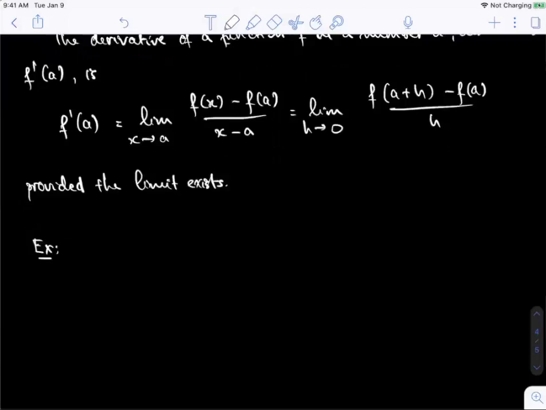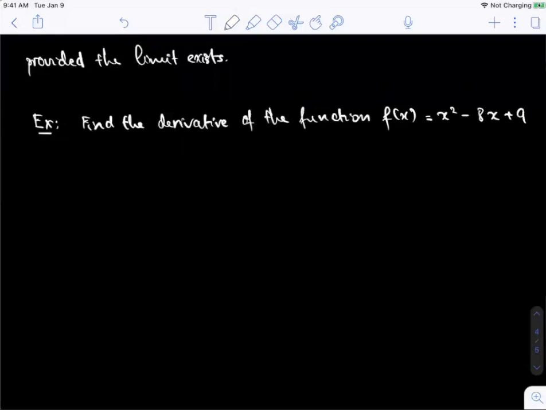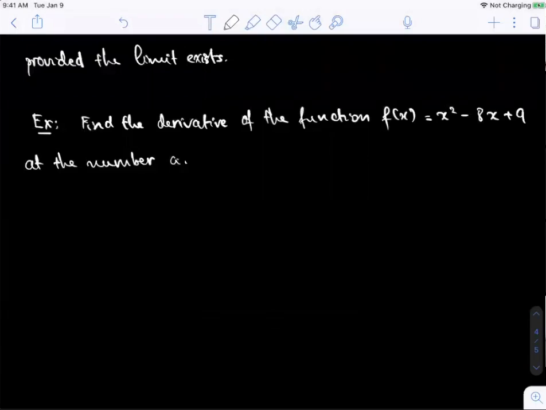For example, find the derivative of the function f of x equal to x squared minus 8x plus 9 at the number a.